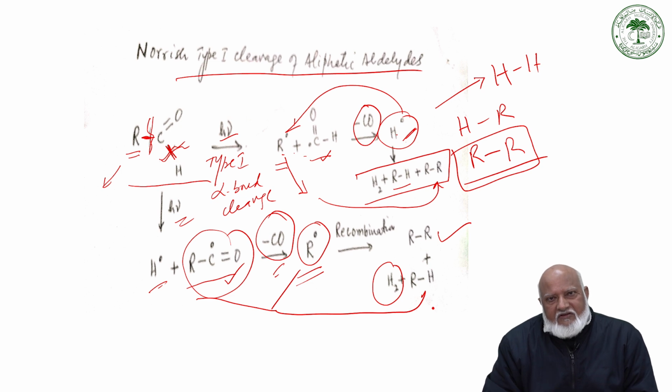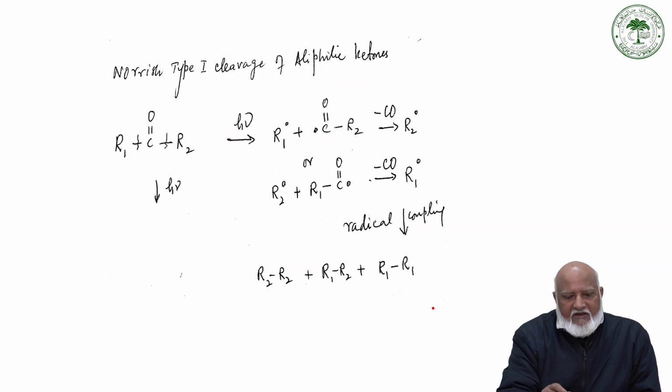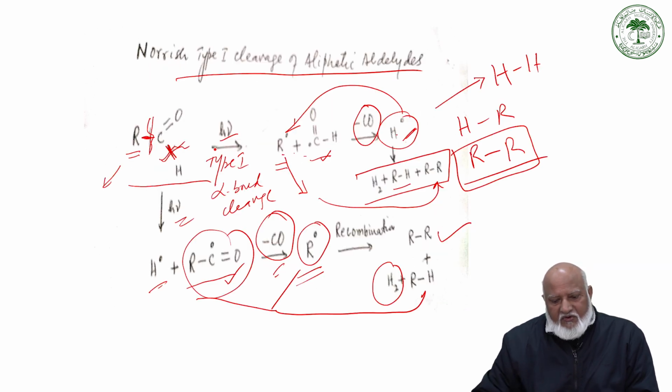This acyl radical is very fast susceptible to undergo loss of CO to give you R dot or H dot, and recombination of these radicals gives rise to hydrocarbons or higher alkanes. So in this one we have talked about the photochemistry of aldehyde.